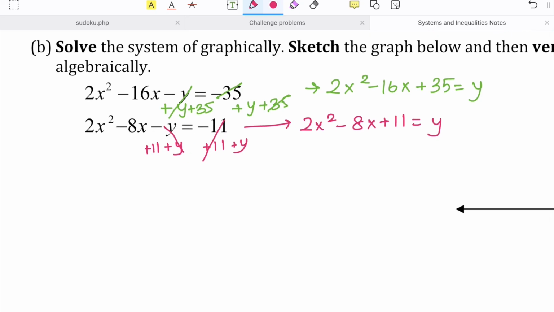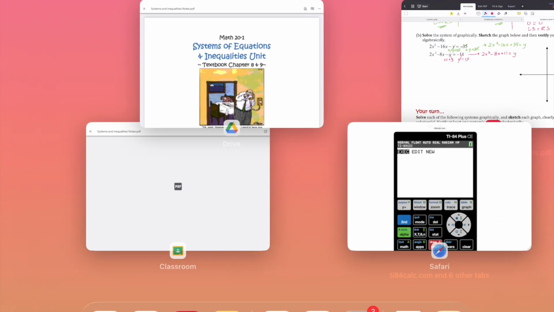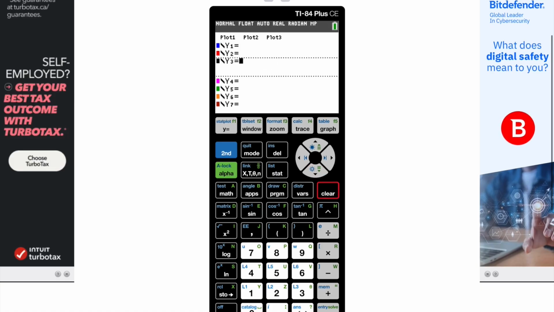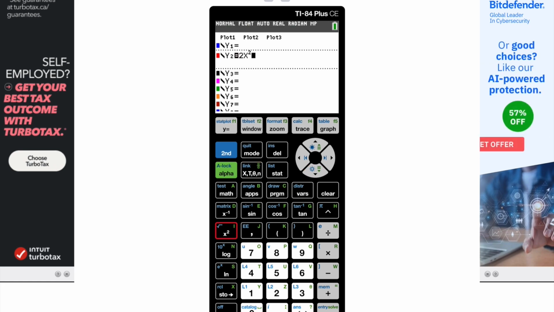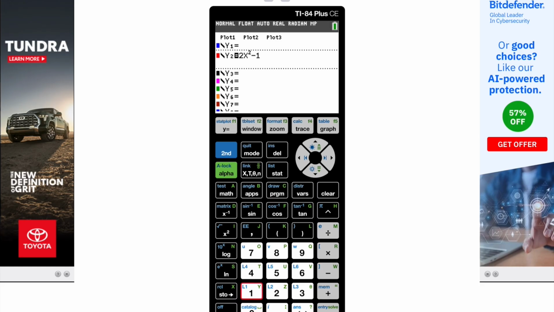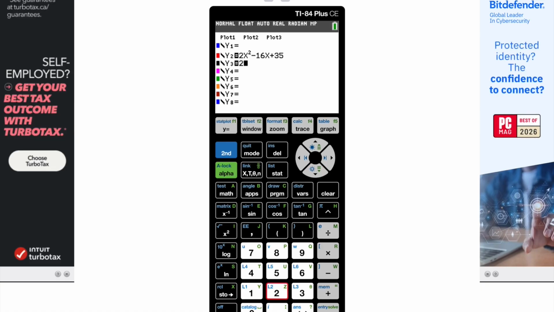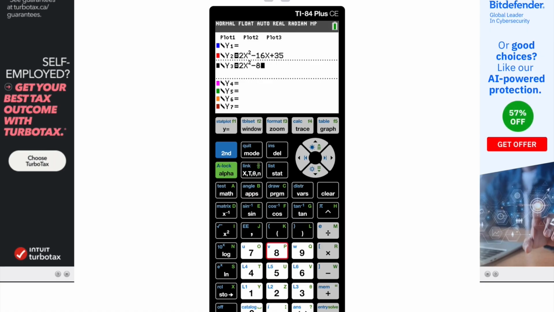Now we'll use our graphing calculator to graph these. So we go y1, clear, clear, clear, and then we put in our values. So we have 2x squared minus 16x plus 35, and the second one is 2x squared minus 8x plus 11, and we graph it.